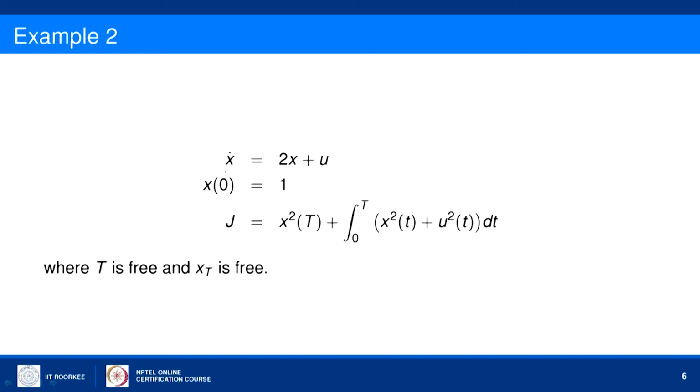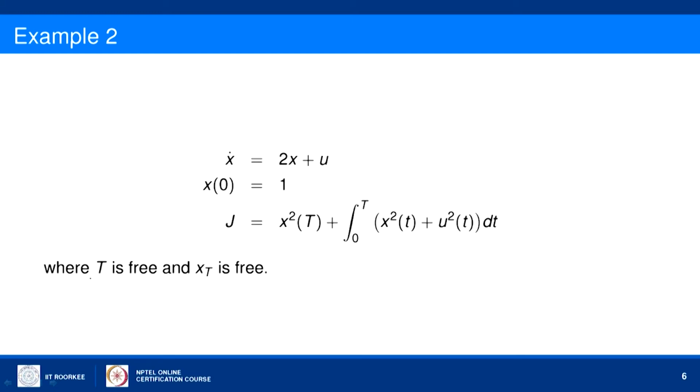Here in this example we have the simple example, a one variable problem. So, here x dot is equal to 2x plus u and initial condition is fixed. The initial time is 0 and initial position is 1, that is fixed. We have to minimize the functional j which is given in this expression.